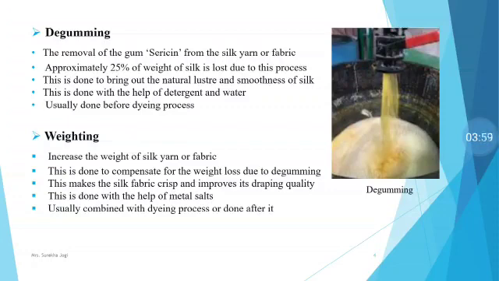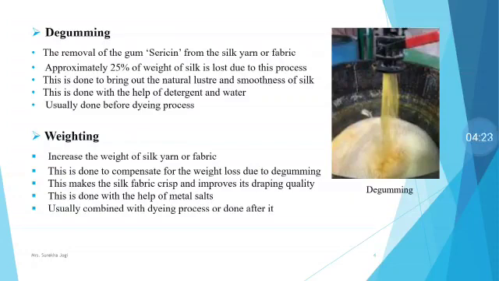Now this sericin must be removed to bring out the natural luster and soft feel of the silk fiber. Means the aim of degumming is to bring out the natural luster of silk fiber. This elimination of gum or sericin is known as degumming.